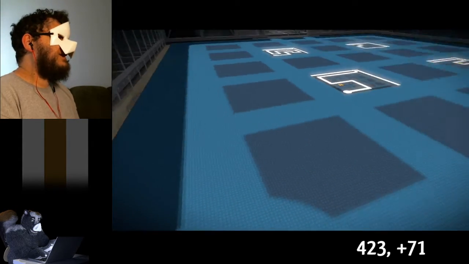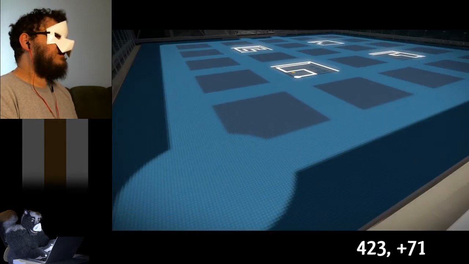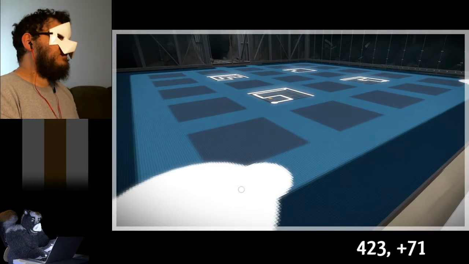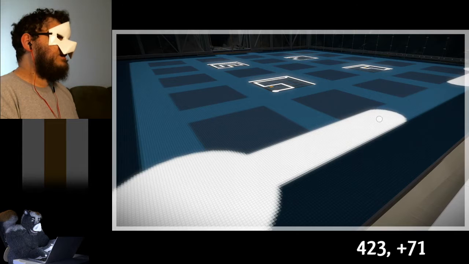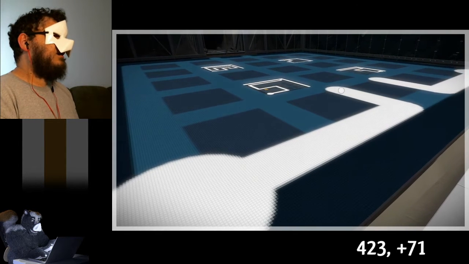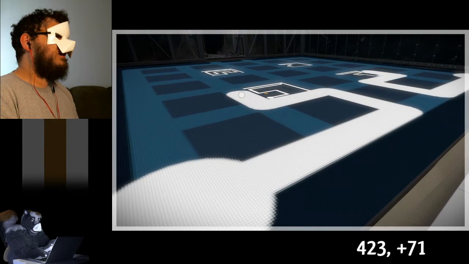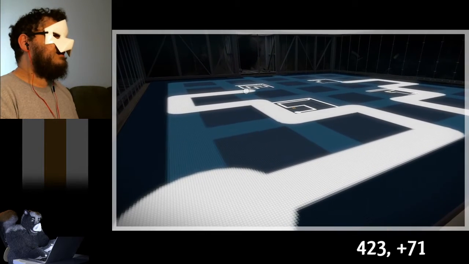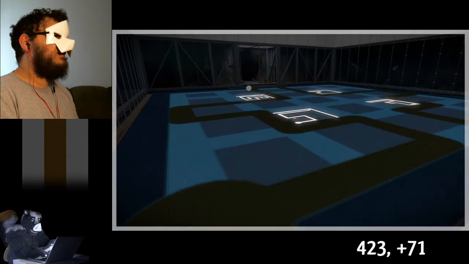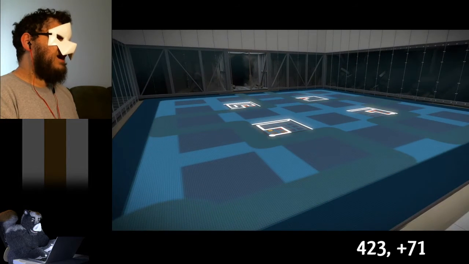I think we already tested whether they have to be in the same place. Like, for example, if I wanted to reverse the side to that side, it doesn't like that.